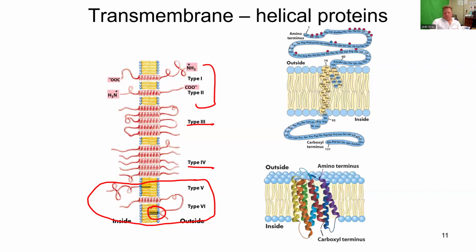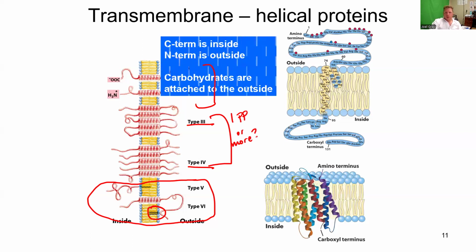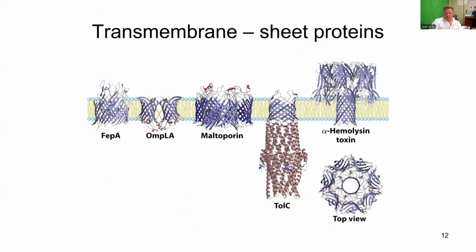So the difference between 3 and 4 is 1, I'm going to write PP for polypeptide, or more. So that's the fundamental difference between them.